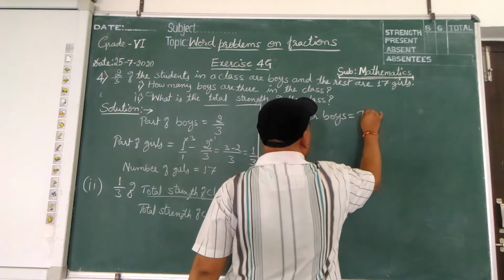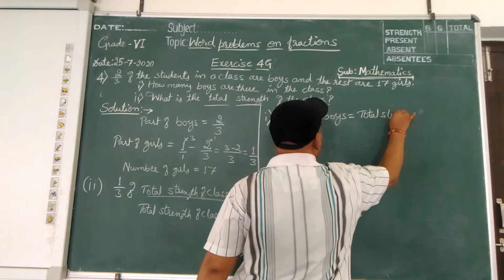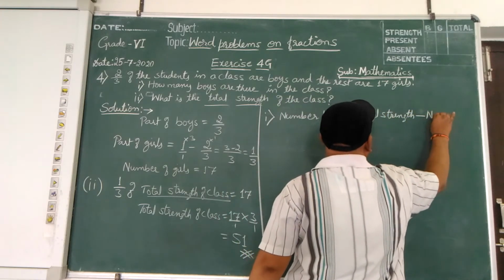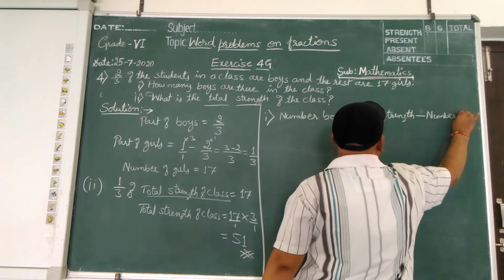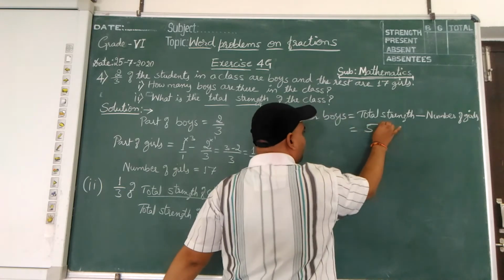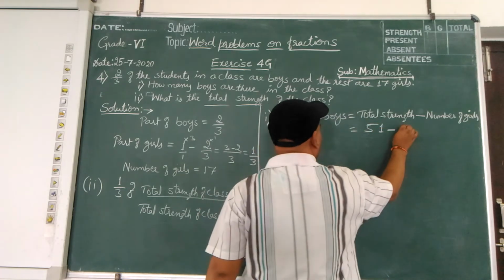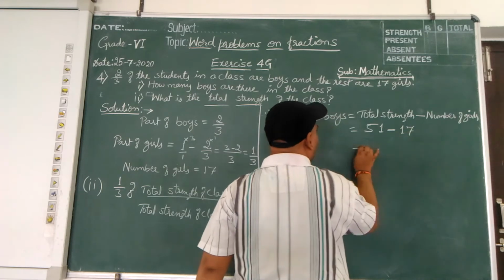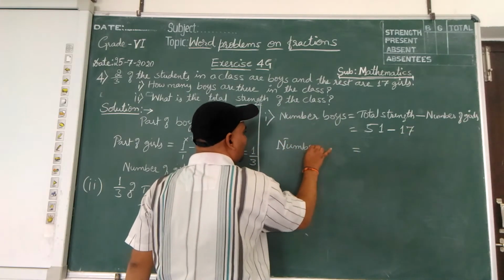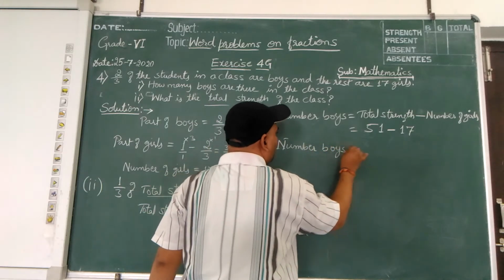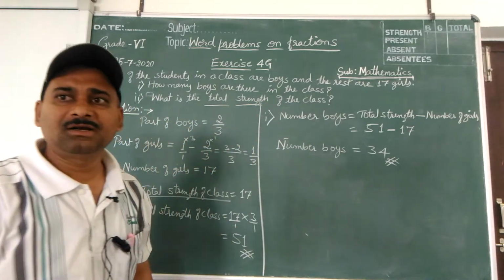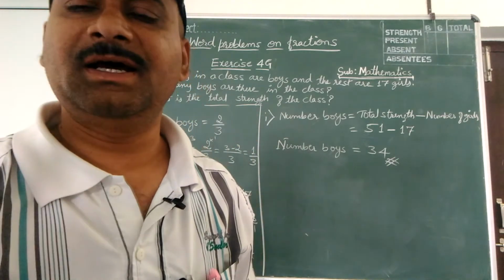So total strength of the class minus number of girls. Total strength, just now we got 51, minus number of girls 17. When you subtract, we will get how many boys are there in the class. After subtraction, you will get 34 boys in the class.